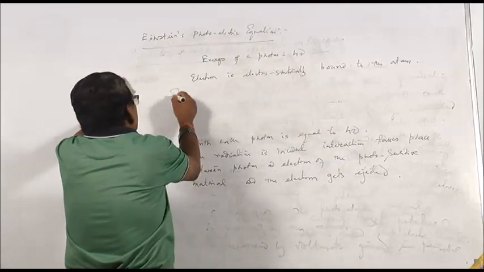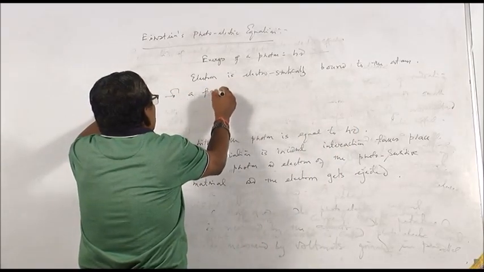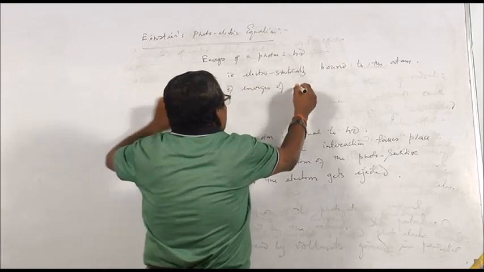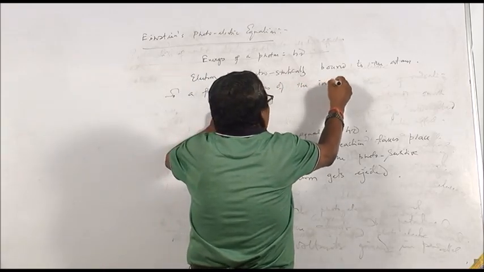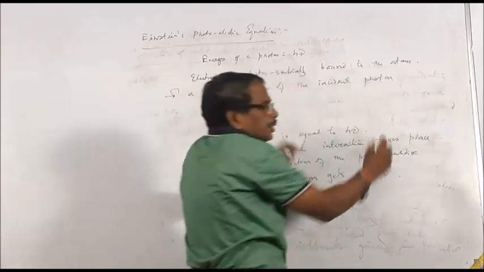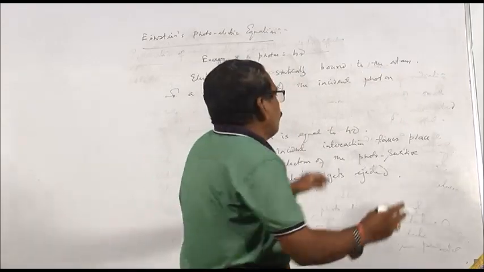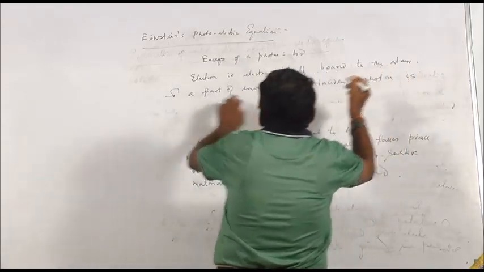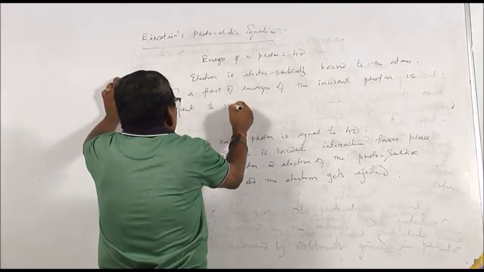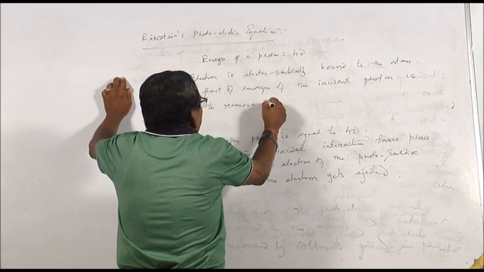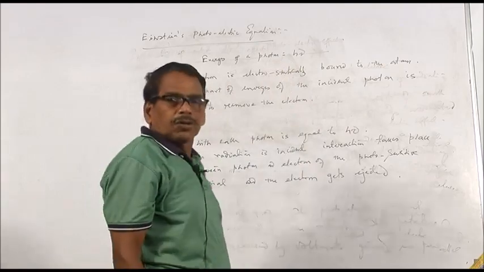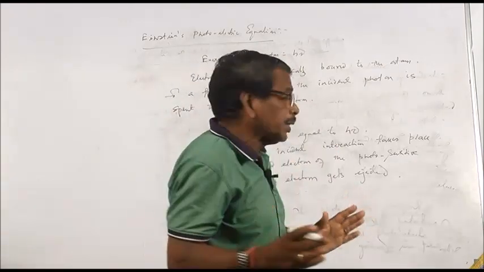So, a part of the energy of the incident photon is spent to remove the electron. This amount of energy is called the work function of the metal.